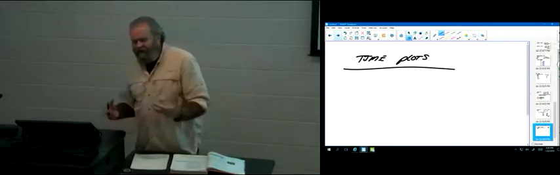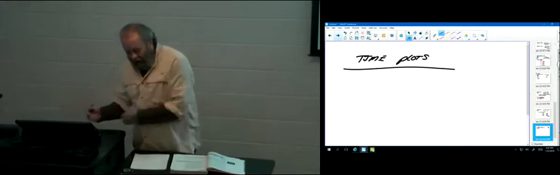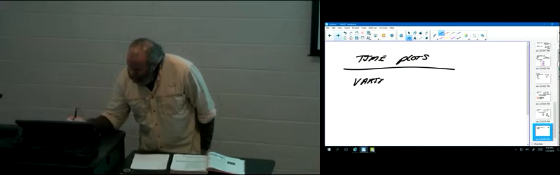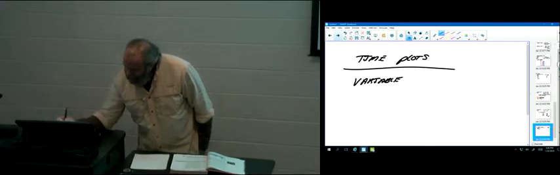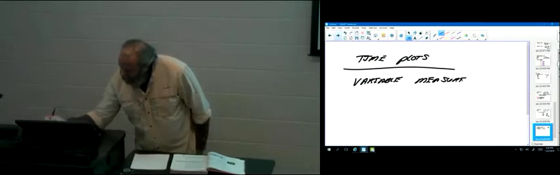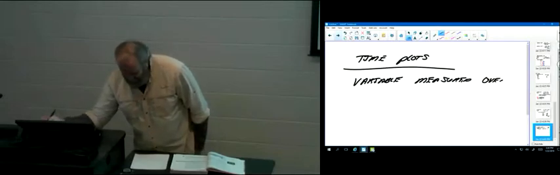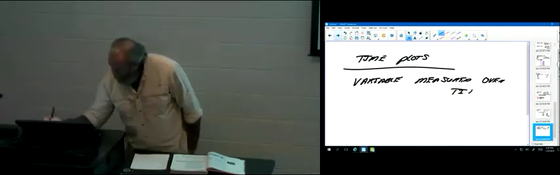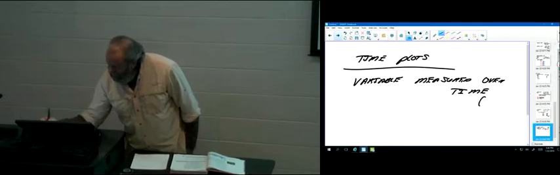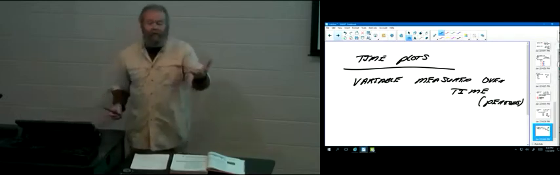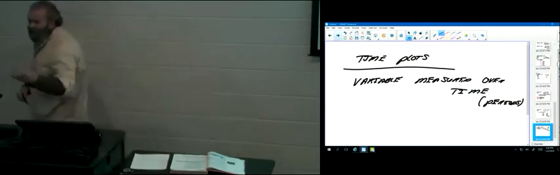But a time plot is a little different object here. What we've got is a variable measured over time. What I mean is, it is measured over time periods. Maybe every day, maybe every week, maybe every month, maybe every year, maybe every 5 years.